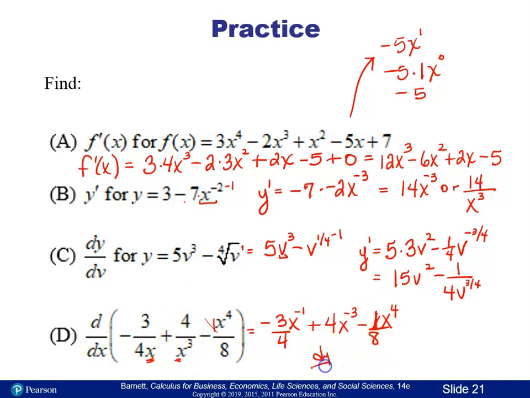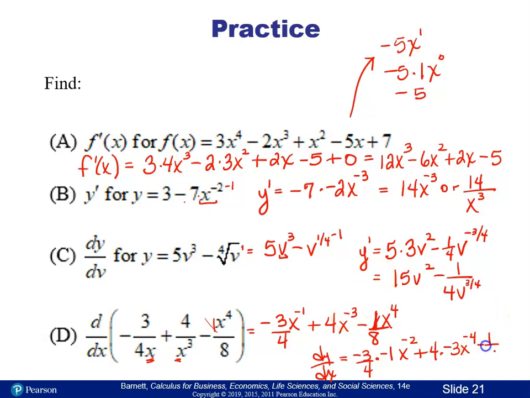All right, so dy/dx then is going to be the derivative of this. So I have my constant multiple times the derivative here, which would be negative 1x to the negative 2, and then plus 4 times negative 3x to the negative 4, because I'm bringing that down and subtracting by 1.